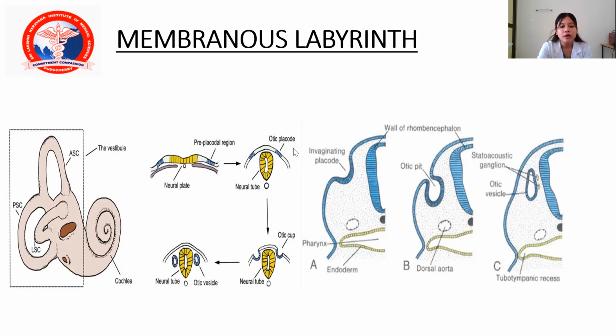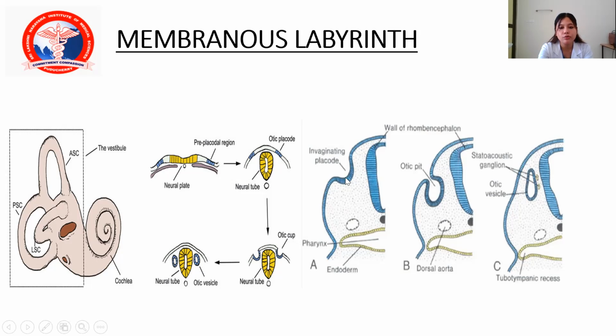Now, the next step: you can see this image, and side by side, the right-sided image is also the same. Here you can see the otic placode. After that, it invaginates into the underlying mesenchyme. This is the mesenchyme.